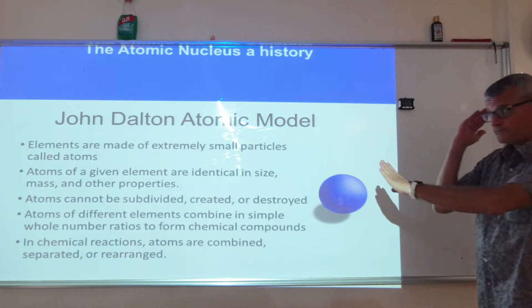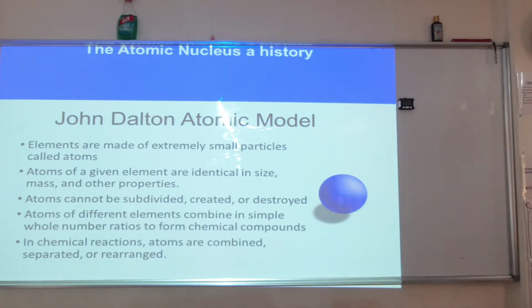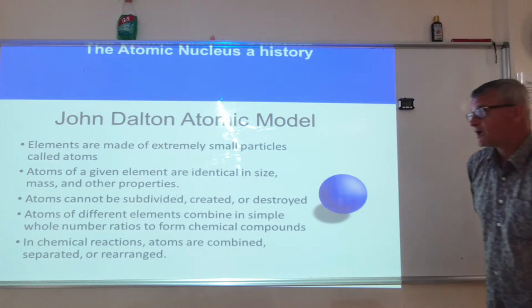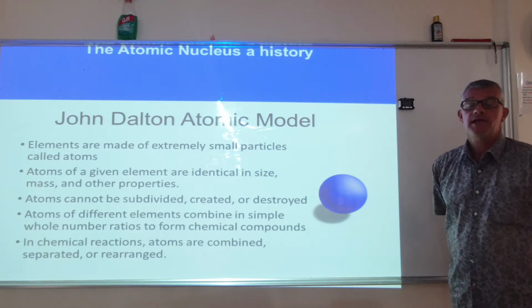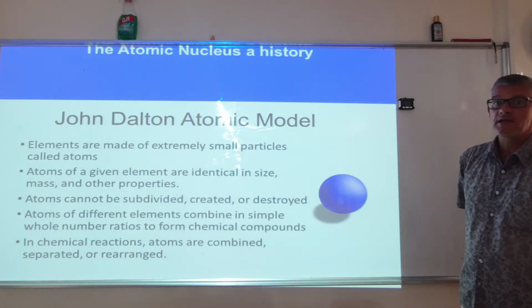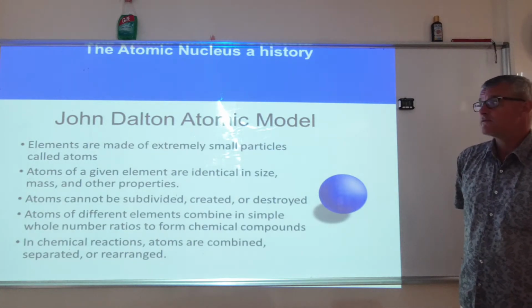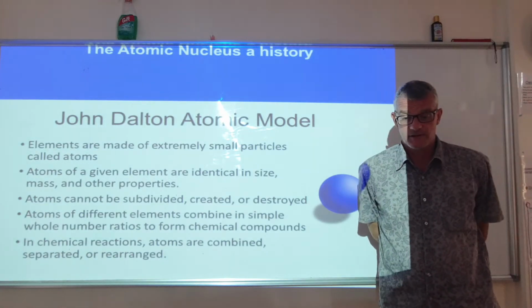Atoms cannot be subdivided, created, or destroyed. Atoms of different elements can combine in simple whole number ratios to form chemical compounds. And in chemical reactions, atoms are combined, separated, or rearranged. So his ideas had already gone pretty far in describing how atoms could interact.